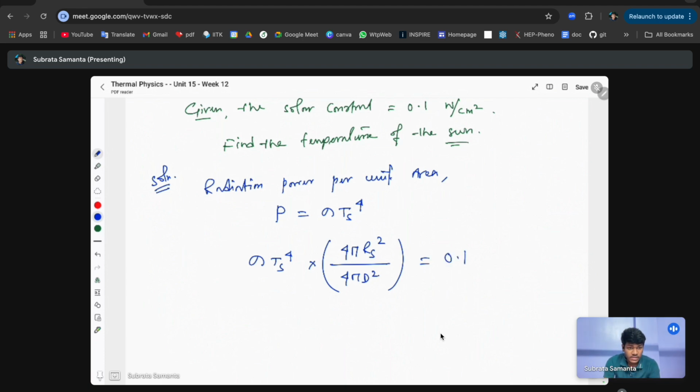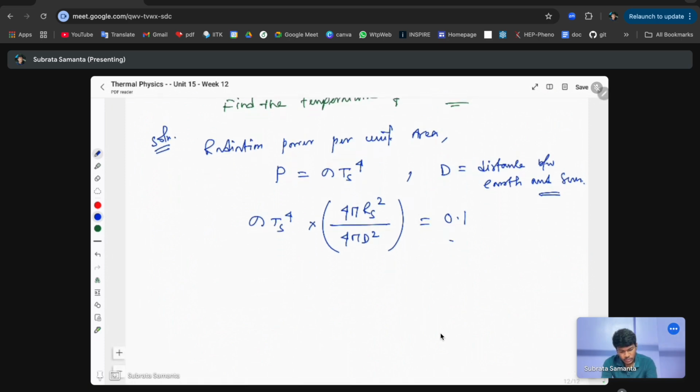Here d is the distance between earth and sun. Since it is per unit area, you multiply the flux by the area ratio, 4 pi Rs square over 4 pi d square.